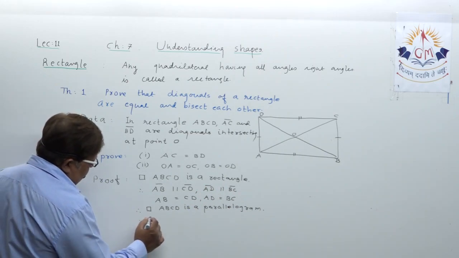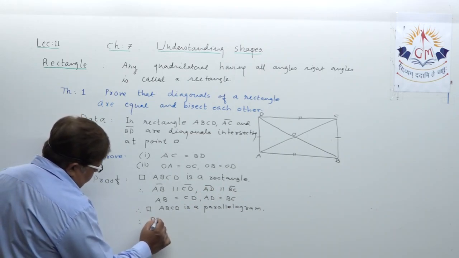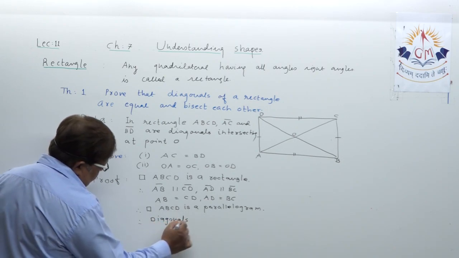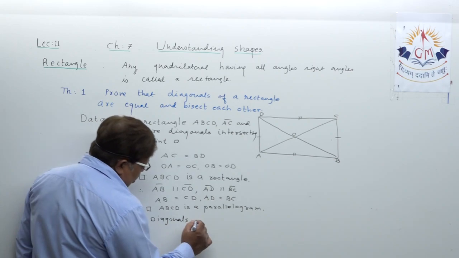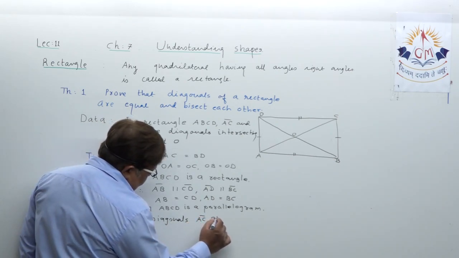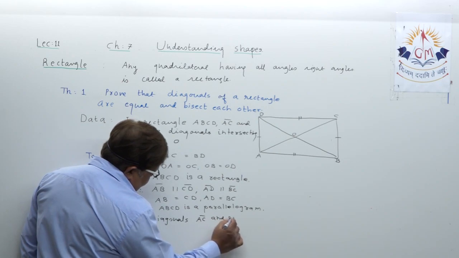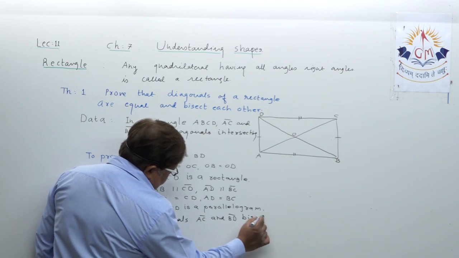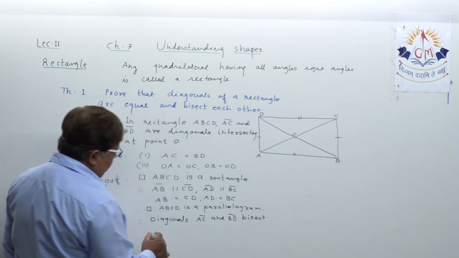Therefore, diagonals AC and BD bisect each other.